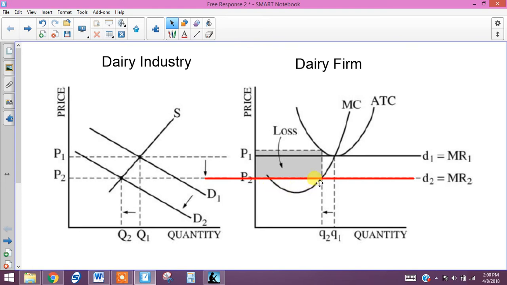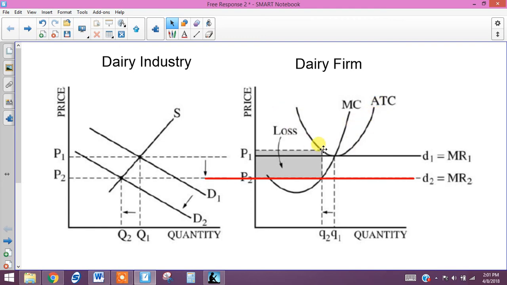So don't let that confuse you. Just know that the firm is going to produce where marginal cost equals a price, but the way that you've drawn your average total cost up here, so that they are in long run, they were in long run equilibrium where average total cost equals price here, then this doesn't change.